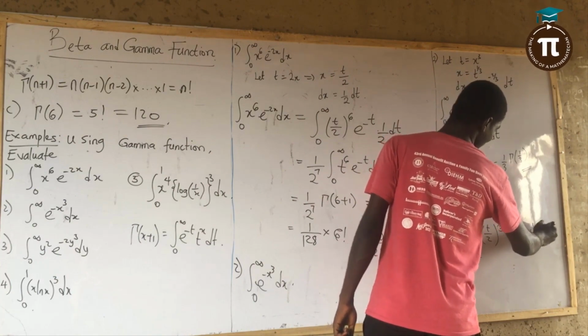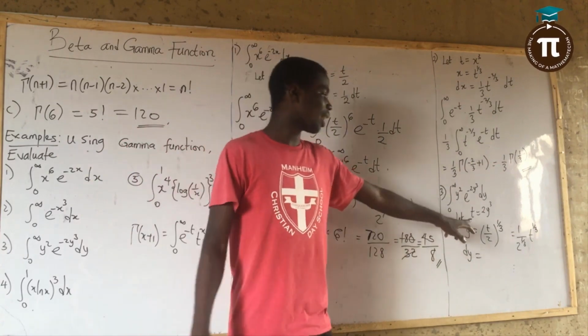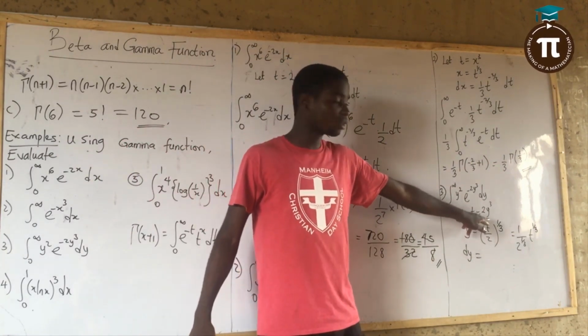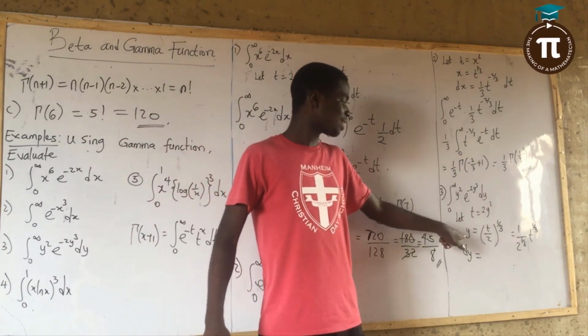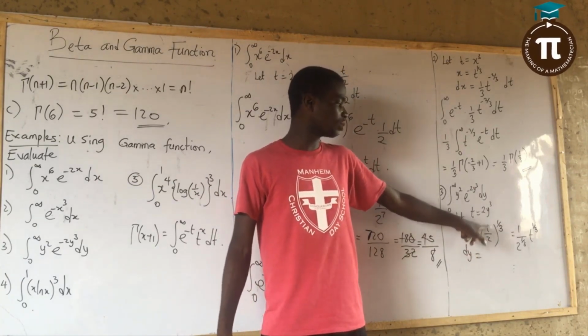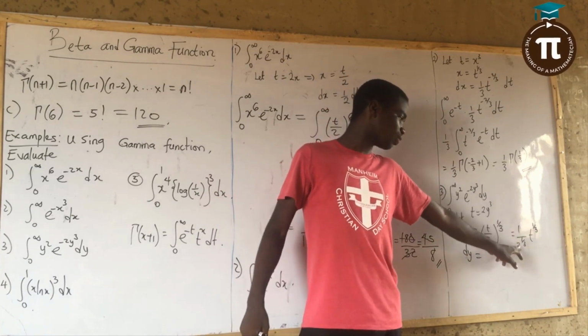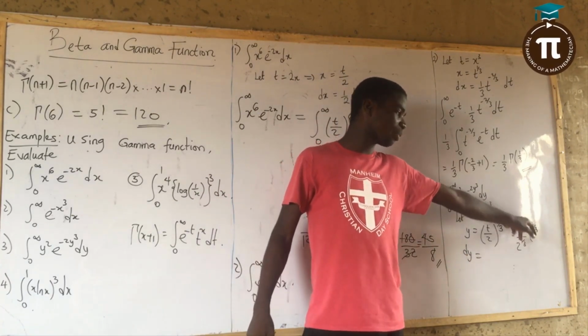Anything after the bracket is for everything inside the bracket. So actually, I let t be equal to 2y cubed, then make y the subject. y will be equal to t over 2 all raised to power 1 over 3, which is exactly the same as 1 over 2 raised to power 1 over 3 t raised to power 1 over 3.